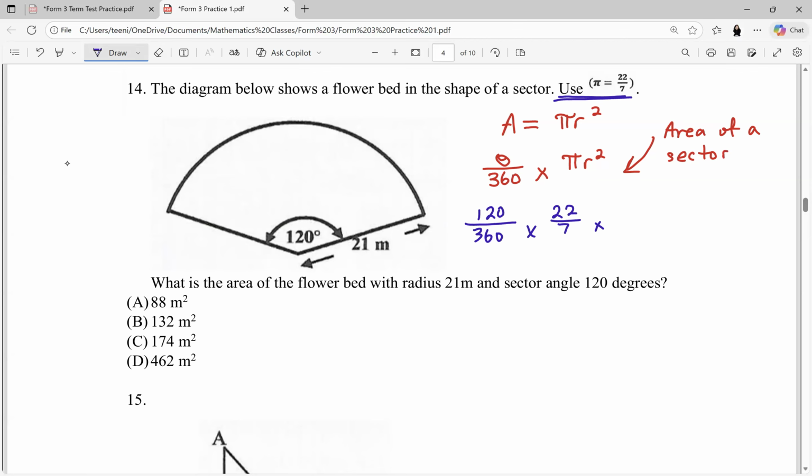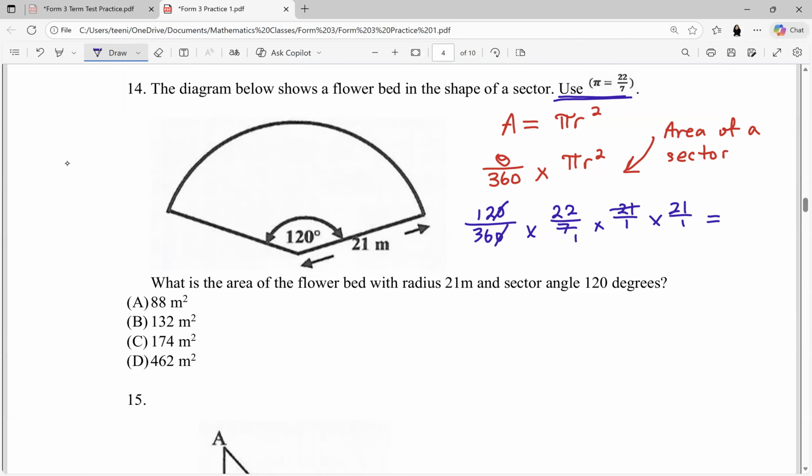Now the radius in this case is 21. So 21 squared will be 21 over 1 times 21 over 1. Because they gave it to us as a fraction, I'm writing out each thing individually like that. So you could reduce. You could say 12 into 12 is 1, 12 into 36 is 3. What else can you reduce there? You could say 7 into 7 is 1, and 7 into 21 is 3.